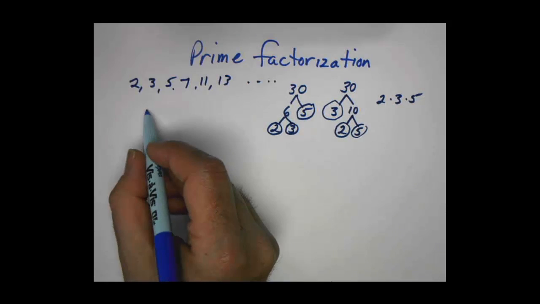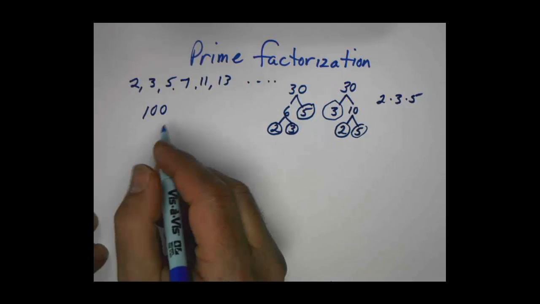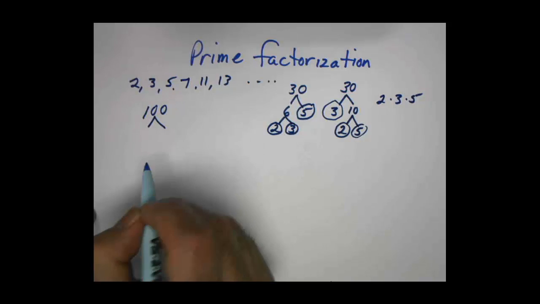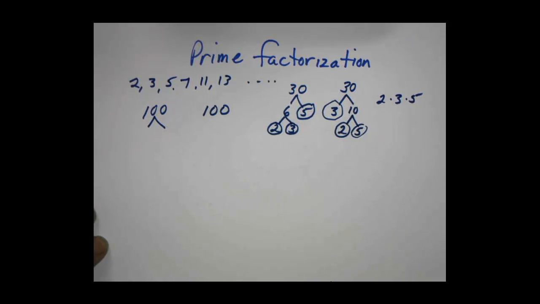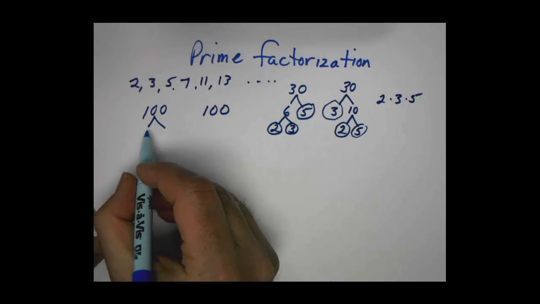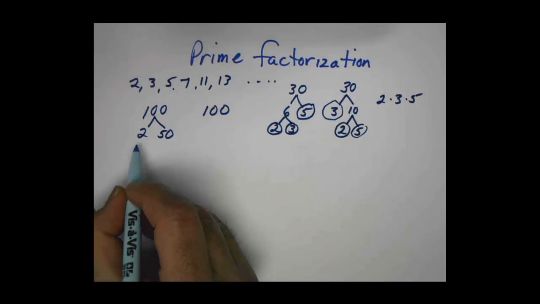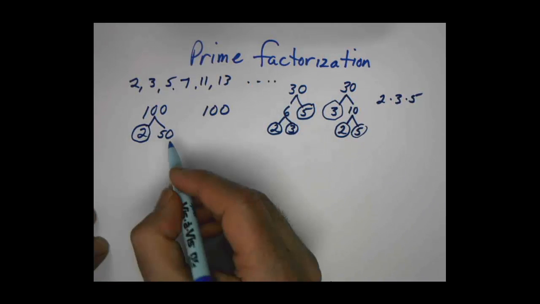So let's pick another number. Let's do 100. Okay, 100 is composite because it's even, therefore it has to be factored. Again, we can do it a couple of different ways, and we'll do two examples here. So what times what is 100 we want to start with? Let's do 2 and 50. Well, 2's on our list, so it's going to get a circle for part of the answer.